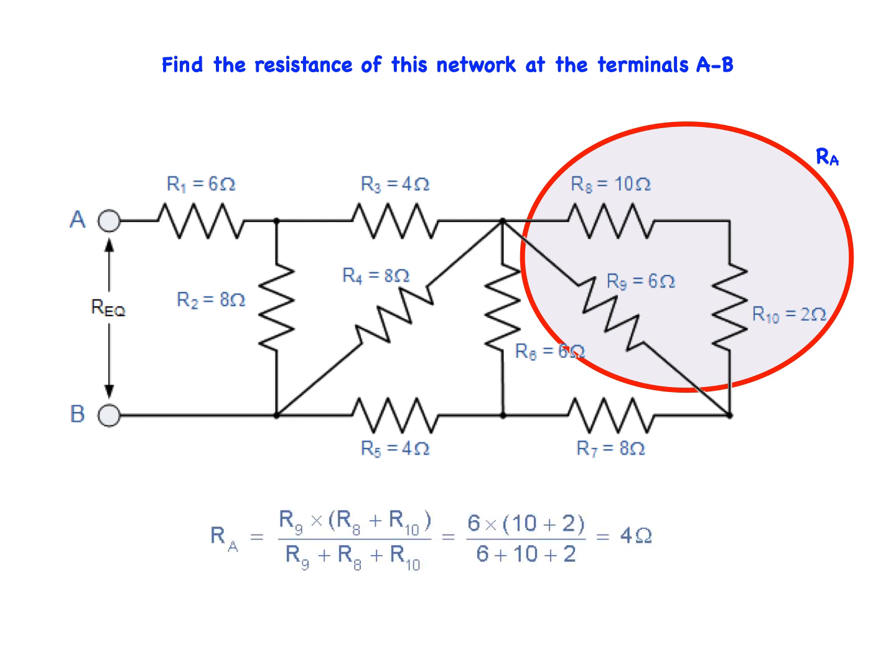That means that RA is equal to R9 times the quantity R8 plus R10 divided by the sum of R9 plus R8 plus R10, or 6 times the quantity 10 plus 2 divided by the sum of 6 plus 10 plus 2, or 4 ohms.